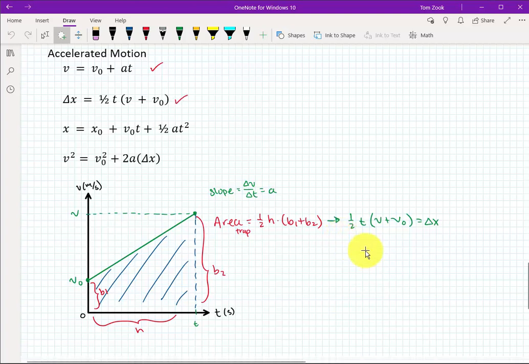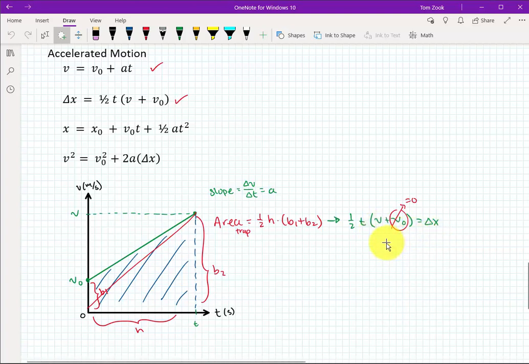Now, you might be thinking, but no, that doesn't look at all like what we did up above. Well, let's say that the original velocity is 0. If the original velocity is 0, we would have 1/2 time and then final velocity, and it would look more like a triangle, which is what we did before. So this equation is universal.